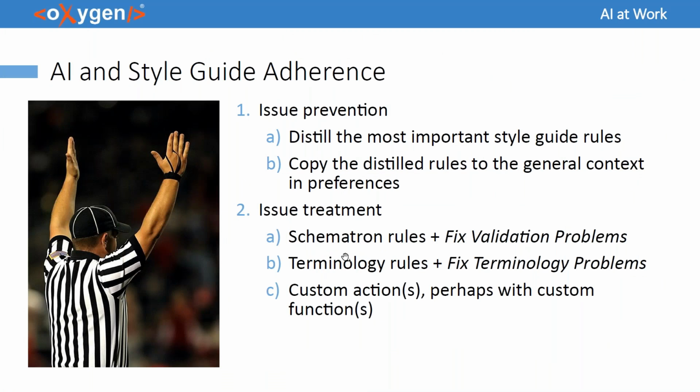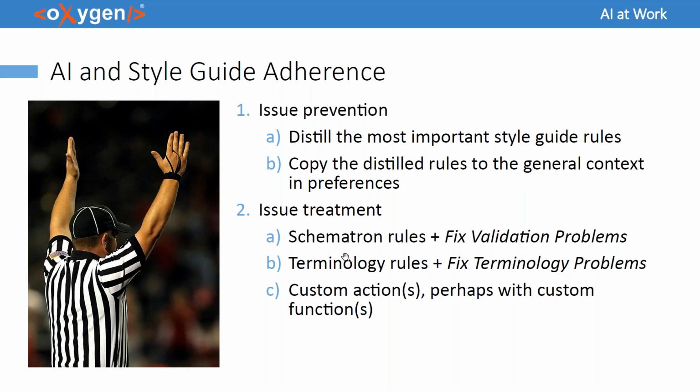If the AI still produces some mistakes, we need ways to treat the issues. One way you can do that is by using schematron rules. This is especially relevant for structure-related problems. And then with these schematron rules, you can apply the fix validation problems action.